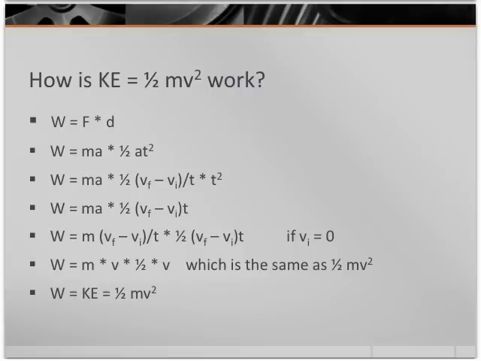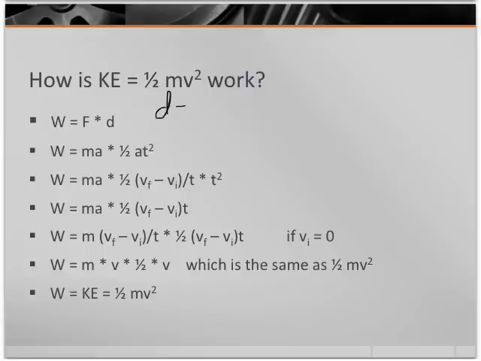So, we've talked about how all energy is the ability to do work. So the work needed, say, to stop kinetic energy would be equal to the kinetic energy in the object. So there is a way to write out the work equation and turn it into kinetic energy, and that's what this slide is about.